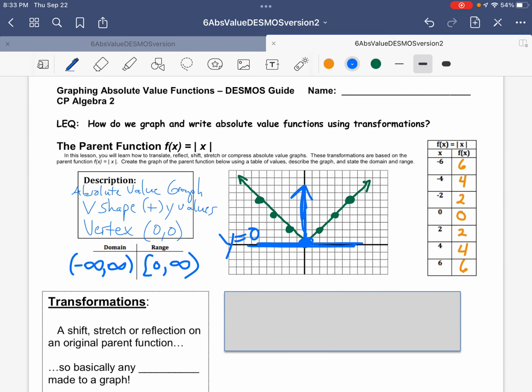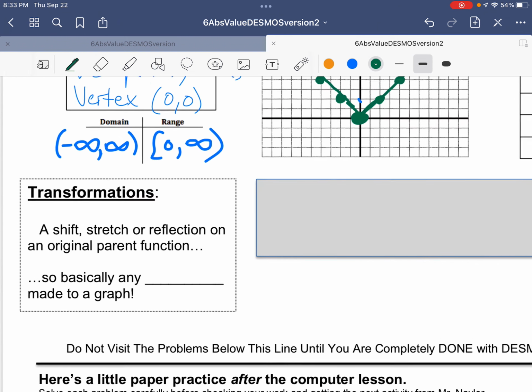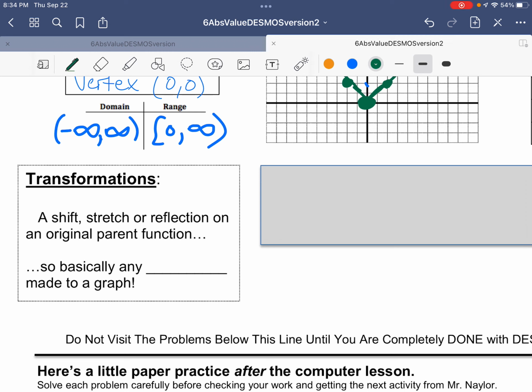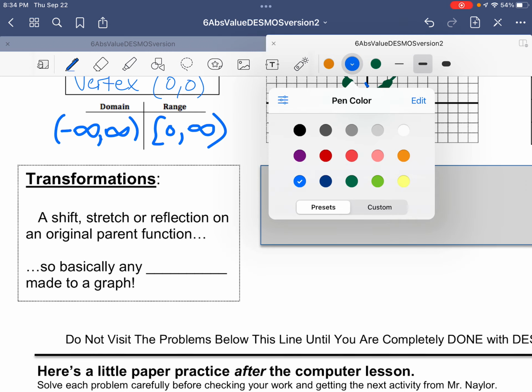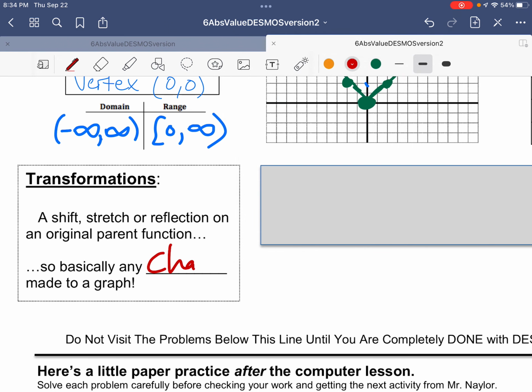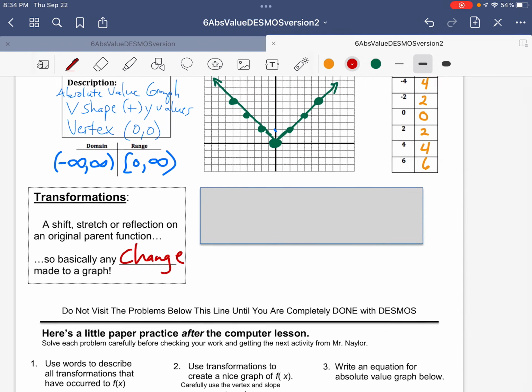Now, with that absolute value graph, we're going to discover some things about it. The main thing we're going to discover is how we can start to change it in various ways, and we call those transformations. Again, a transformation is a change on a graph, and this is some new territory for us.